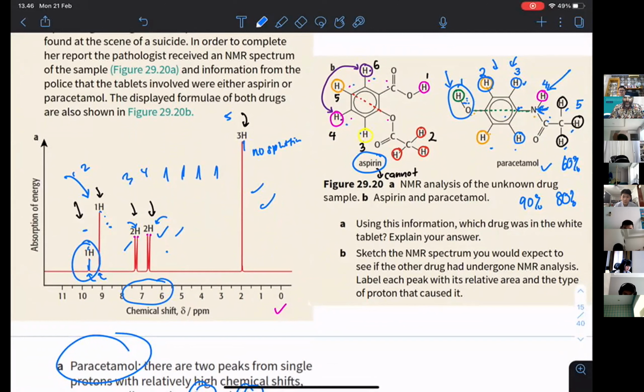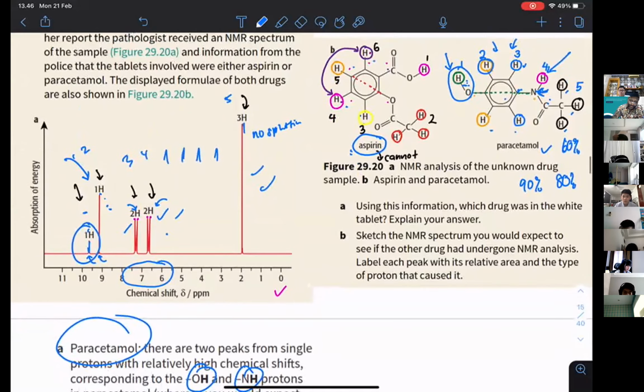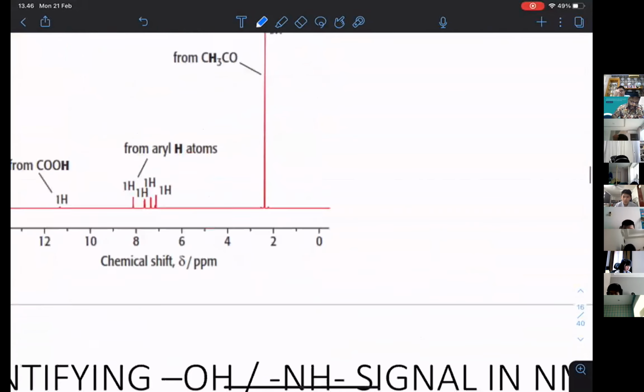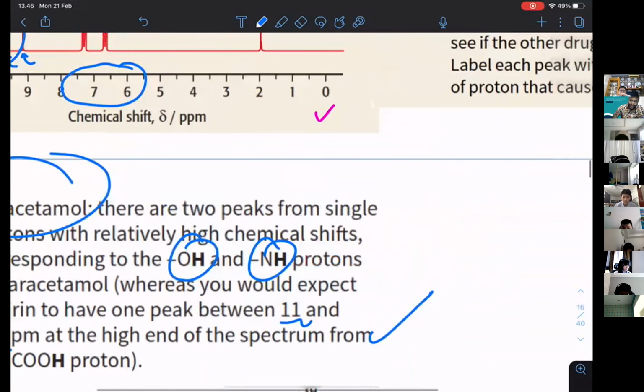So they mentioned that, and then they say sketch the NMR spectrum. For the sketching part, for aspirin, they must have 4 different environments for the benzene hydrogens, 1 environment for the carboxylic acid, and 1 environment for the CH3.